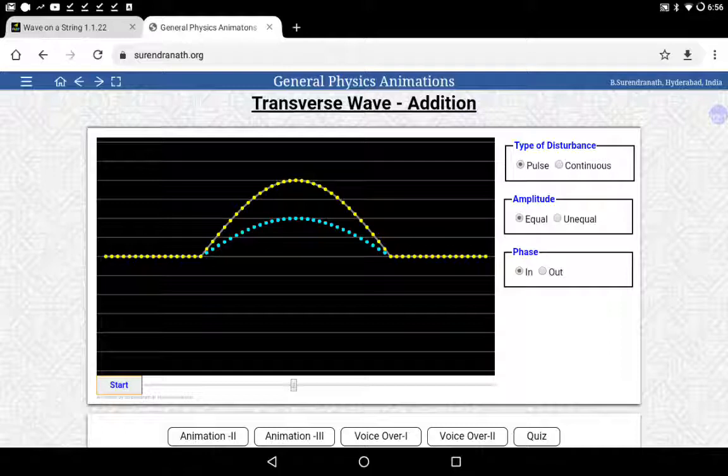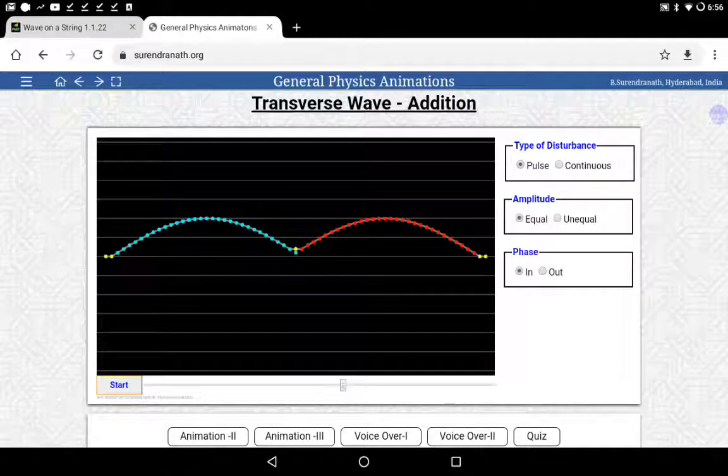And then they continue on, and they pass through each other, and they continue in the same direction that they were initially. They don't bounce off of each other and go backwards or anything like that. They just continue on in that direction after they pass through and interfered with each other.